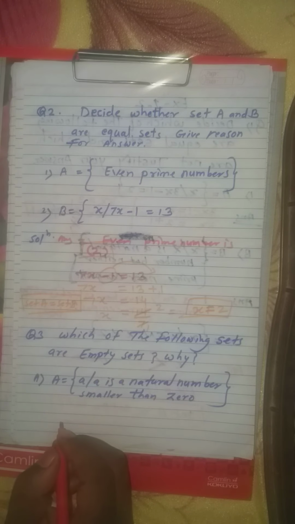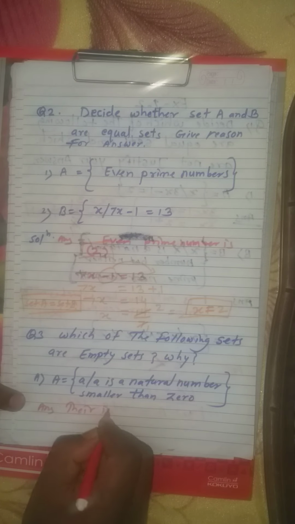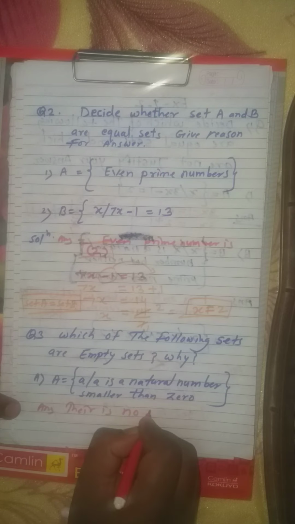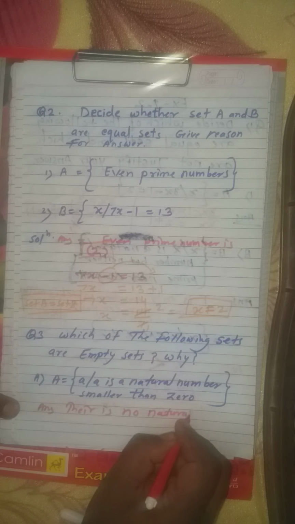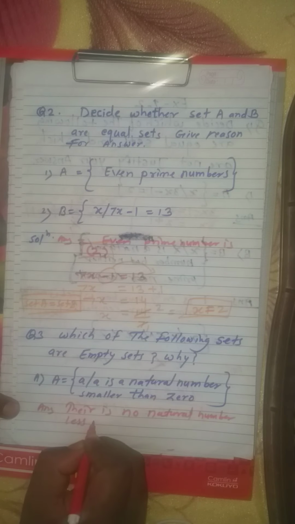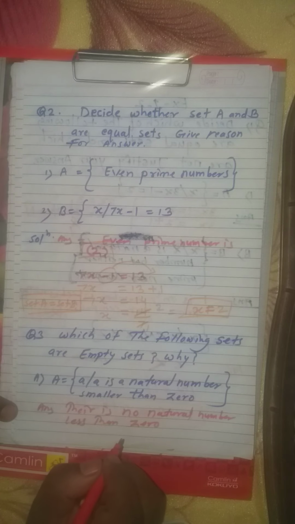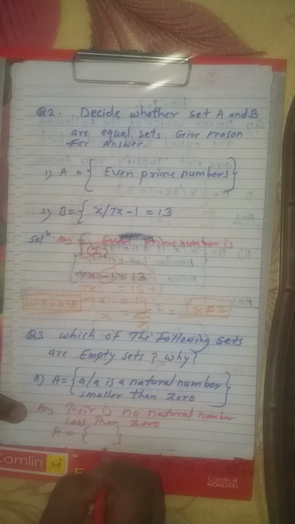Now there is no natural number less than 0. That's why set A is an empty set. So there are no elements to write inside the set.